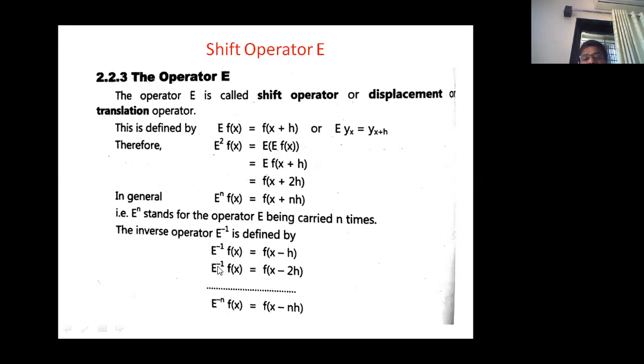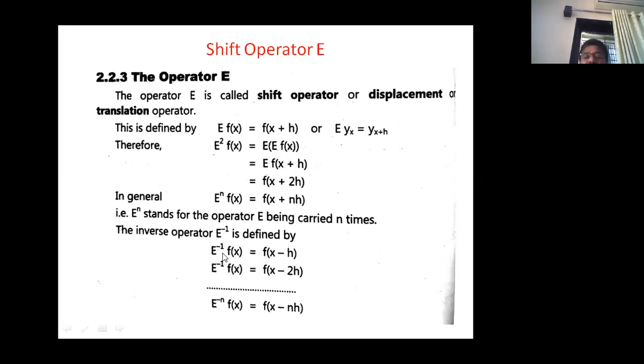Then what is E raised to minus 2 f(x)? Here it is not 1, here it is 2. So E raised to minus 2 f(x) is f(x-2h). That is, shift the point to the left 2 points.